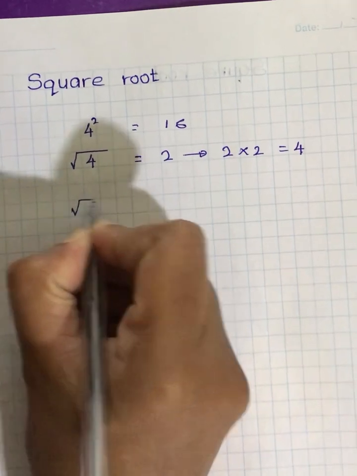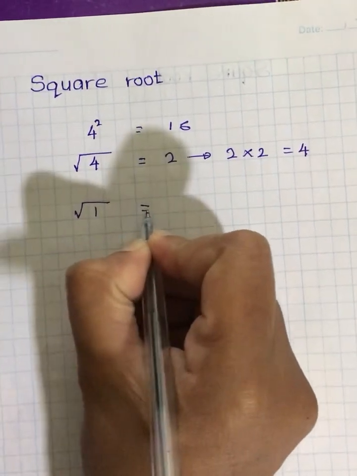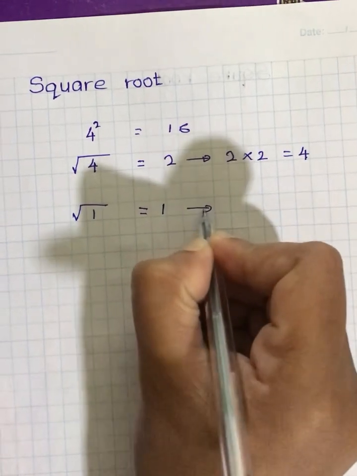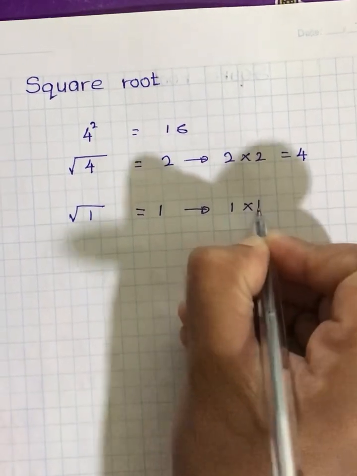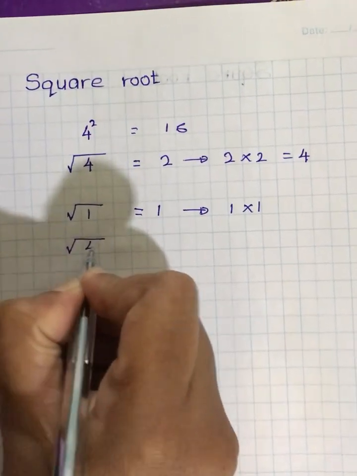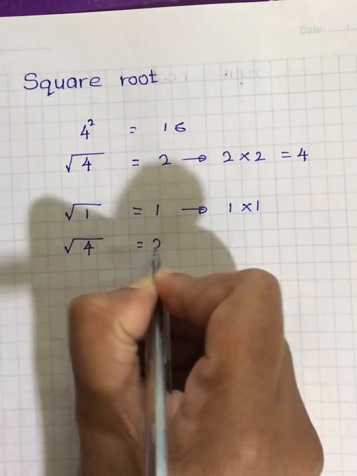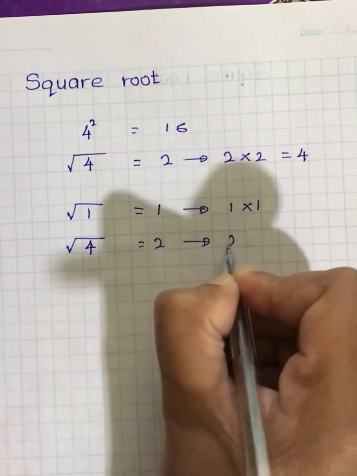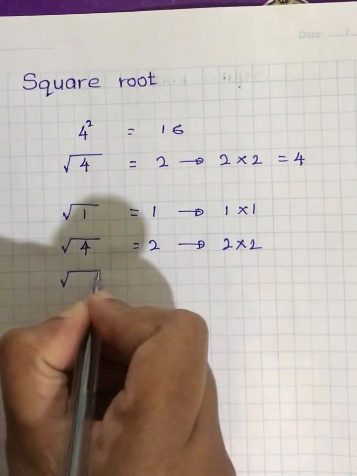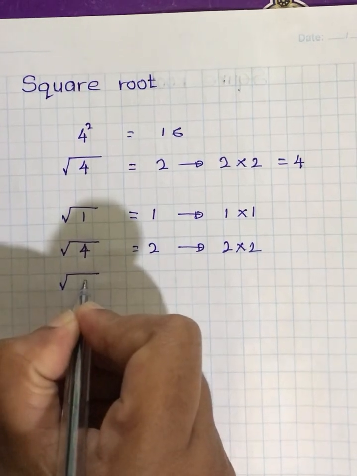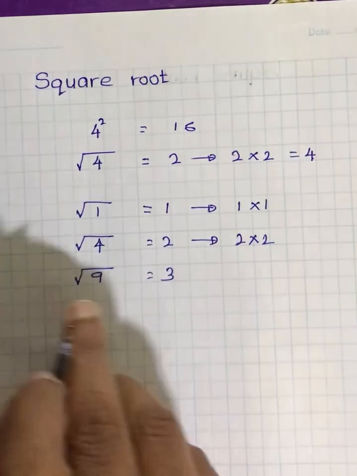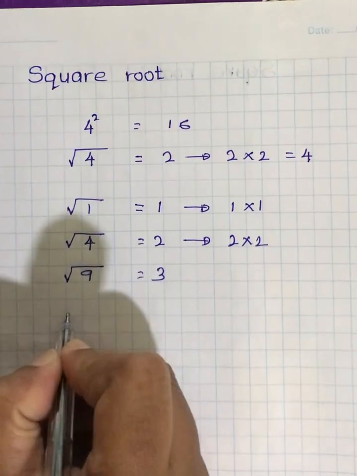The square root of 1 is 1 because 1 multiplied by itself is 1. And the square root of 4 is 2 because 2 multiplied by 2 is 4. The square root of 9 is 3, because 3 multiplied by 3 is 9.